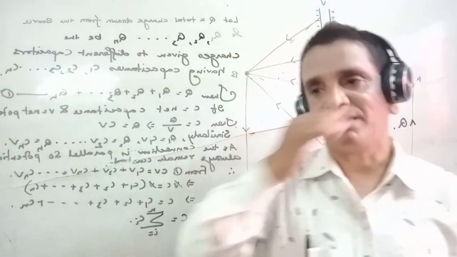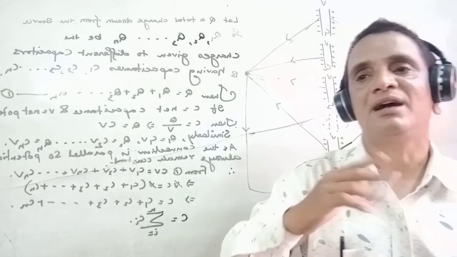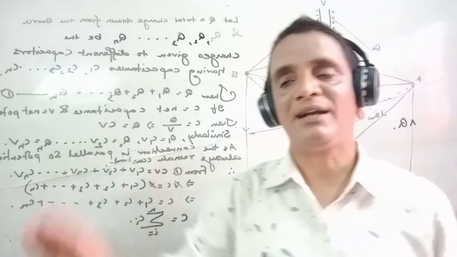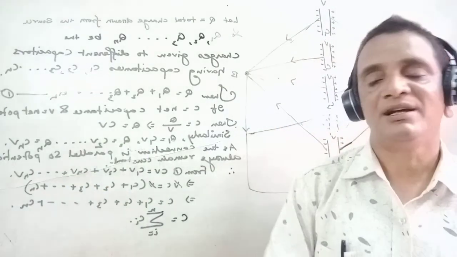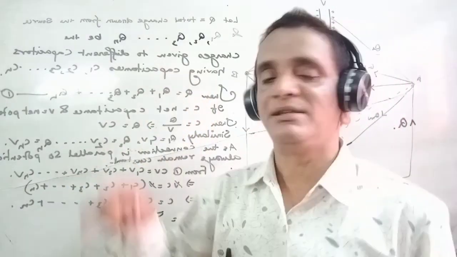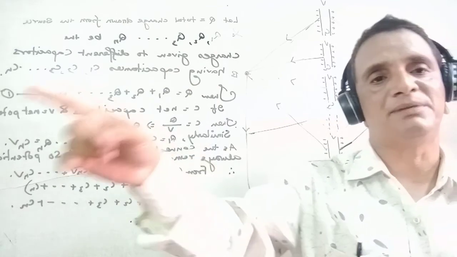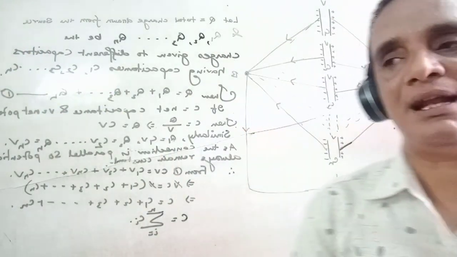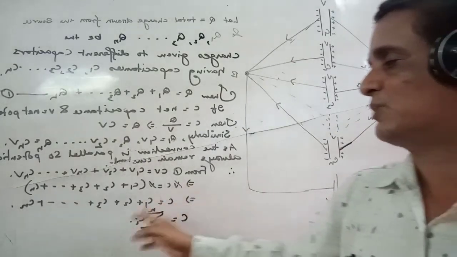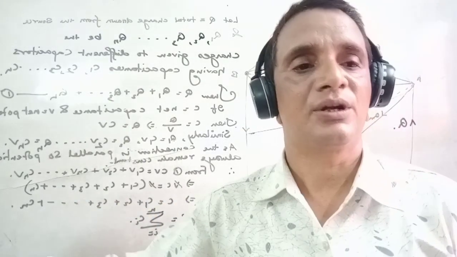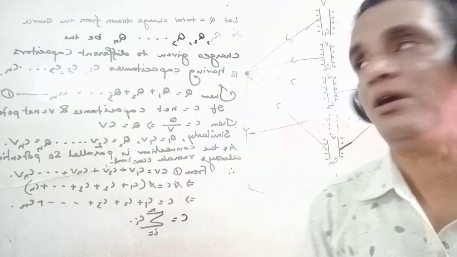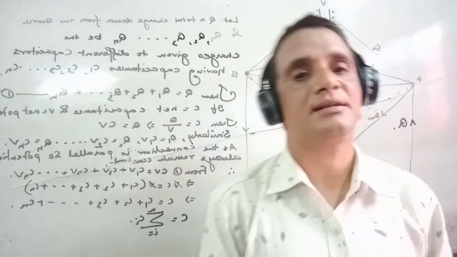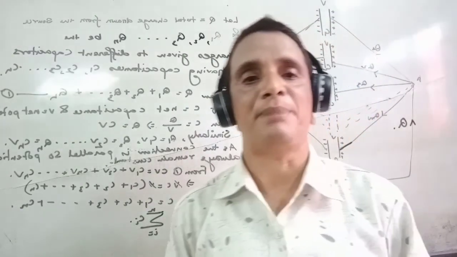But when they are connected in parallel, then 1 by R equals 1 by R1 plus 1 by R2 plus 1 by R3. Here, it is just the reverse case. In series, it is 1 by C equals 1 by C1 plus 1 by C2 plus 1 by C3 dot dot dot up to 1 by Cn. And if it is parallel, then C equals C1 plus C2 plus C3 dot dot dot Cn. This is all about capacitance, how it acts when connected in series or in parallel. Is it clear?